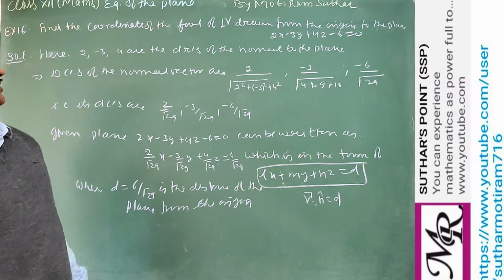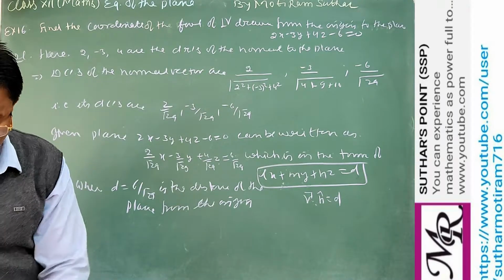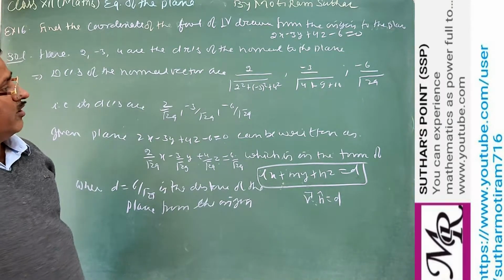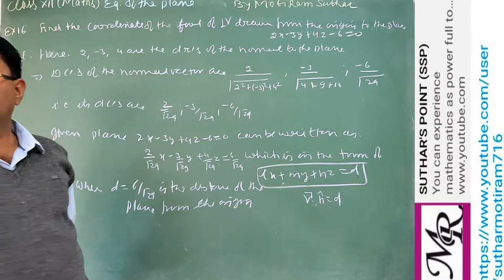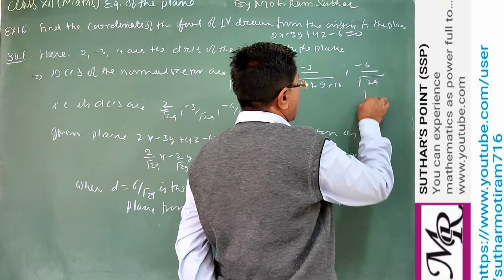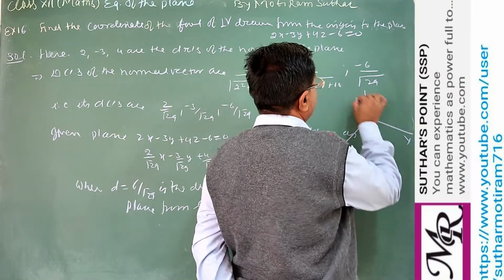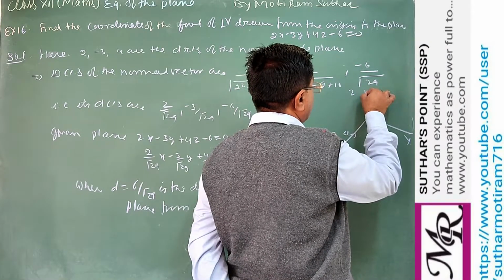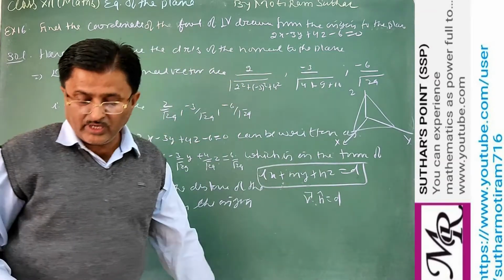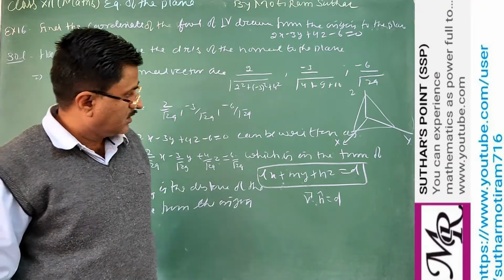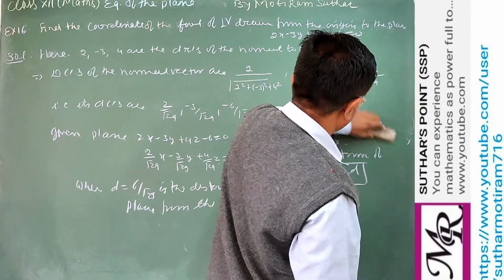Now the question says you have to find the coordinates of the foot of the perpendicular from the origin to the plane. Suppose this is the Cartesian system, x, y, z, and we are given the plane. Let us draw a figure in larger size so we can easily understand.